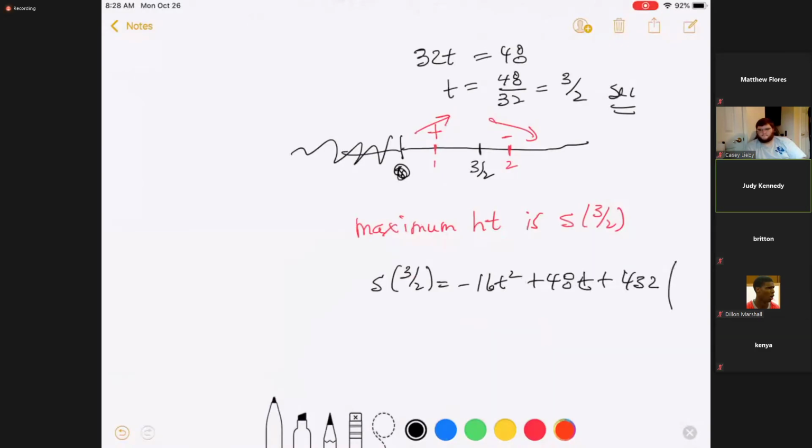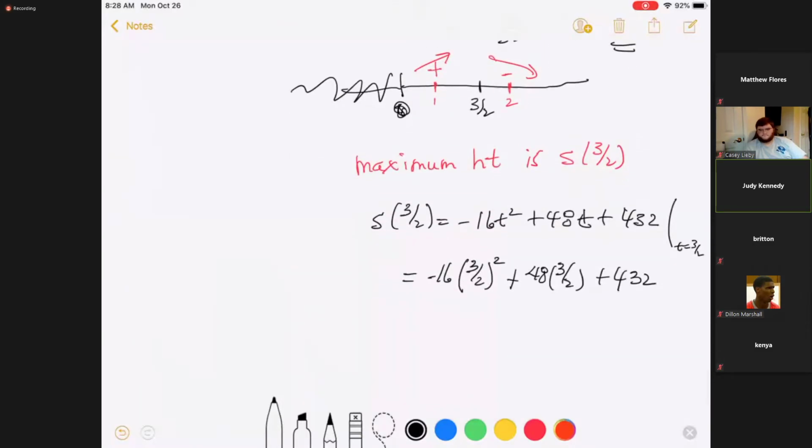Okay, and I'm putting in t equal to 3/2: minus 16 times 3/2 squared plus 432. Ugh, arithmetic. Okay, so let's see. Let's grit our teeth and do it.